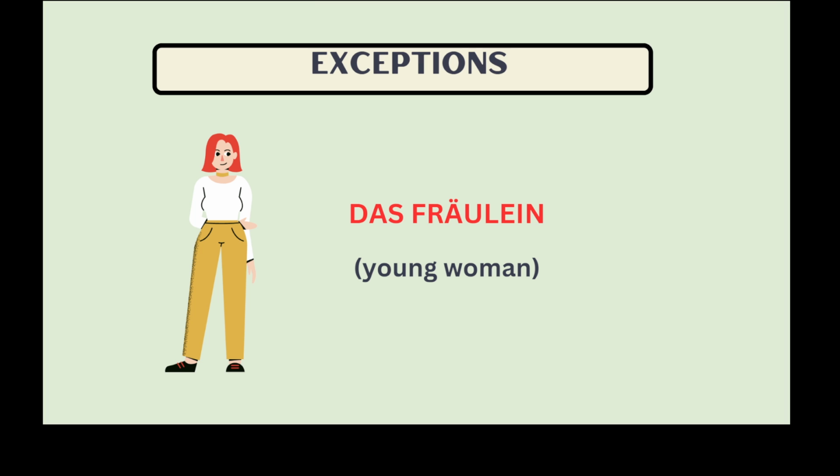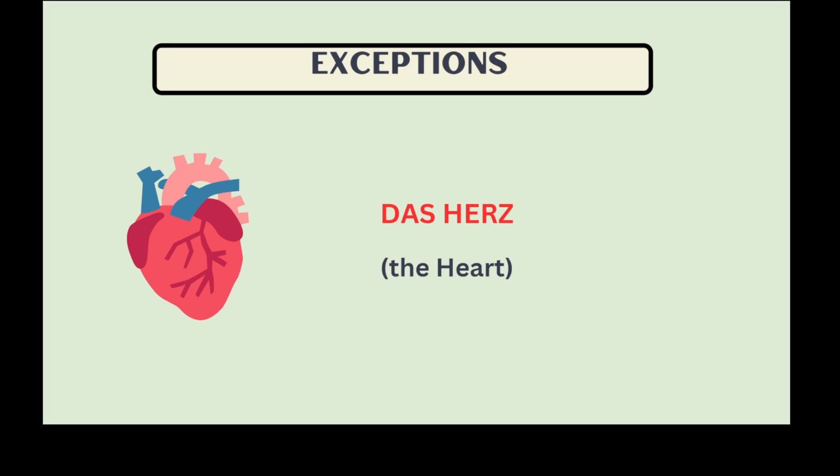Fräulein, it refers to a young unmarried woman, but grammatically it is neuter and takes the article das. Herz, it means heart. It is a neuter noun, although it does not end in chen or lein like most neuter nouns.